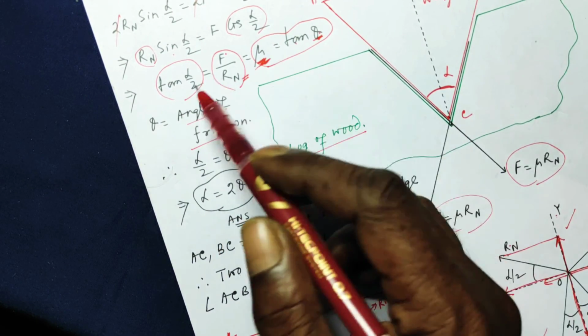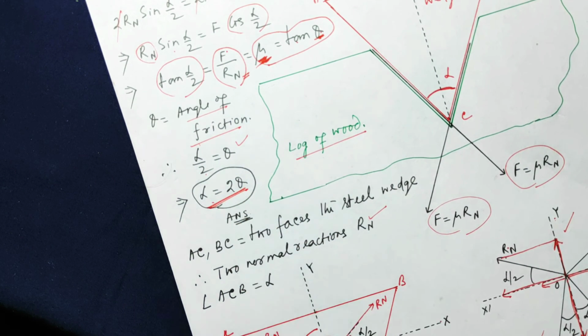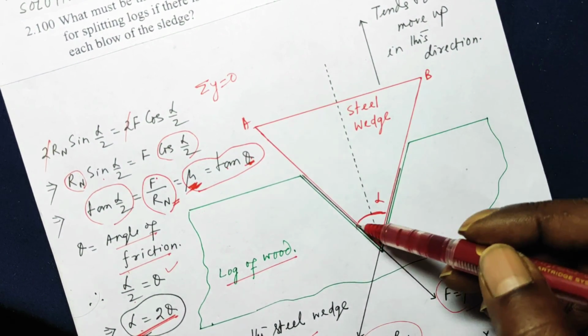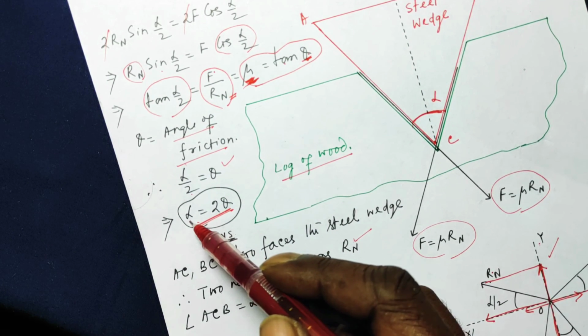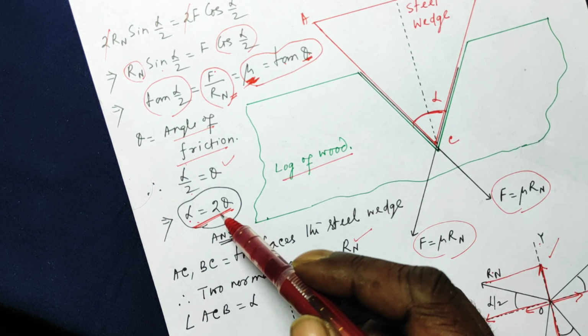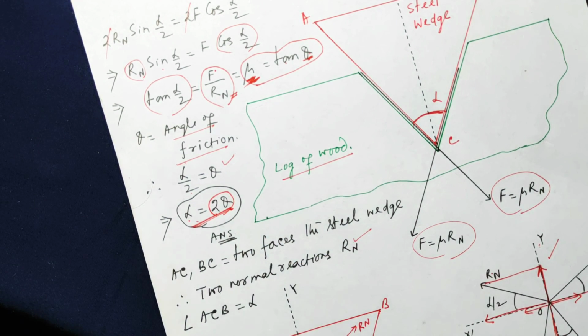Taking tan inverse function, alpha by 2 is theta, so alpha is 2 times theta. Means the angle between the two plane faces, AC and BC, alpha should be less than or equal to 2 times the angle of friction. So I hope it is clear to you.